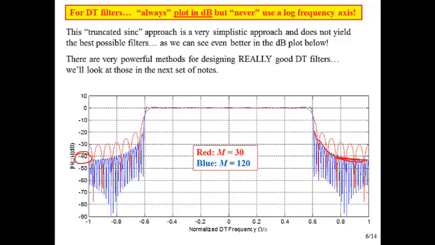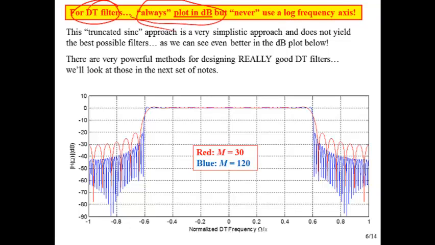And that's all the way out. Closer in to 0.6, we're only getting about 30 dB of attenuation. So really, this is not a very good filter. It's not horrible, but it's not bad.